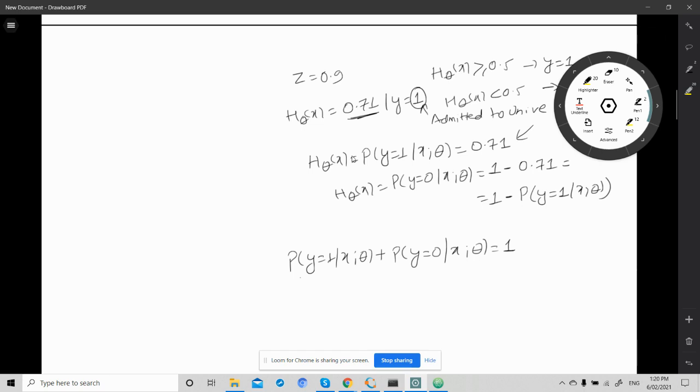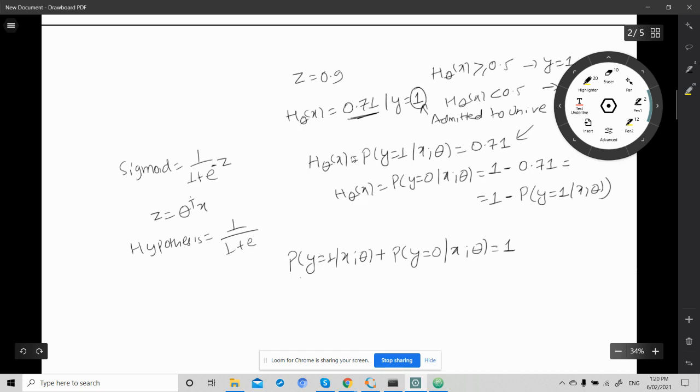So now let's implement our hypothesis. So right now we have implemented sigmoid, which is 1 by 1 plus e to the power minus z, and we know that our z is theta transpose of x. So our hypothesis will be 1 by 1 plus e to the power minus theta transpose of x.